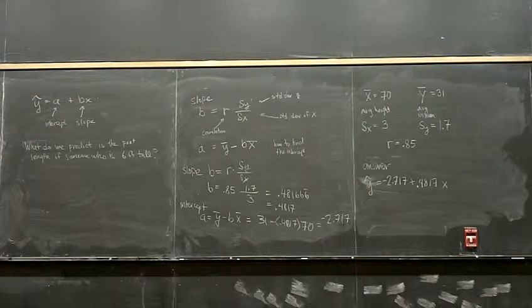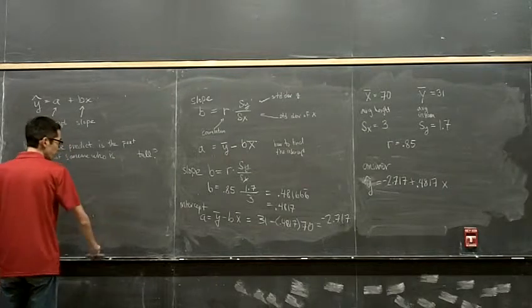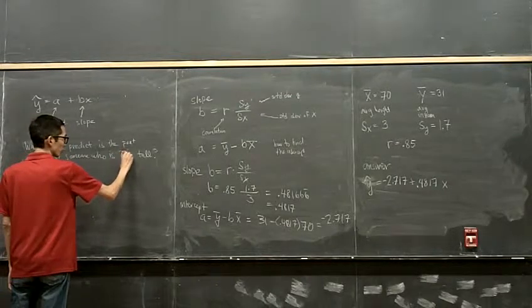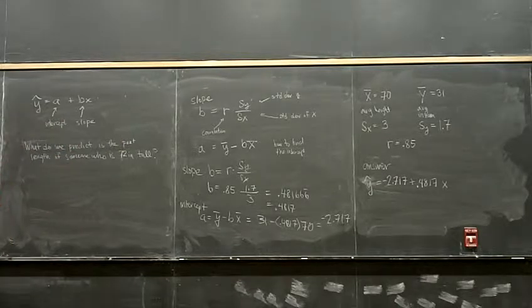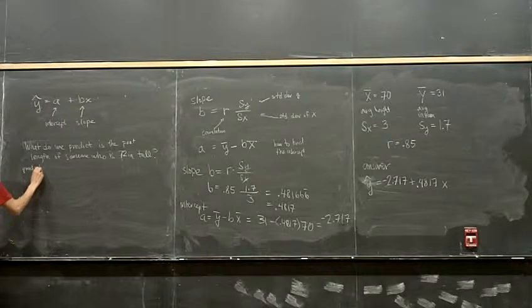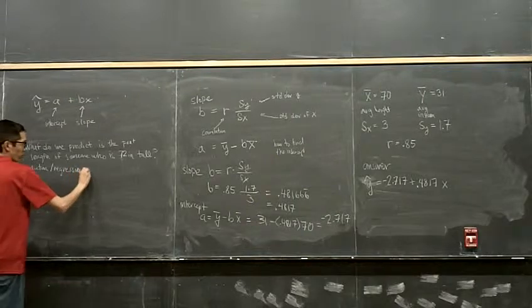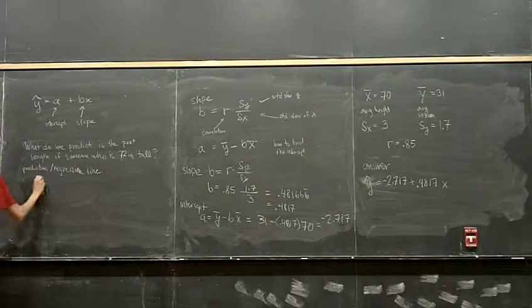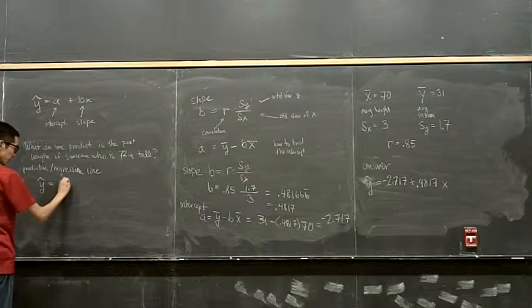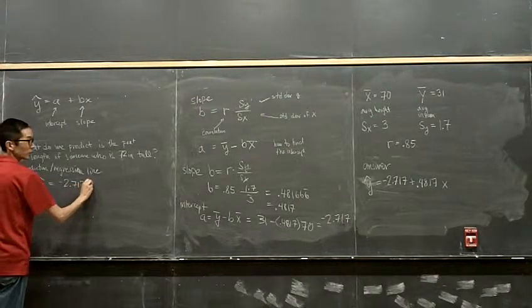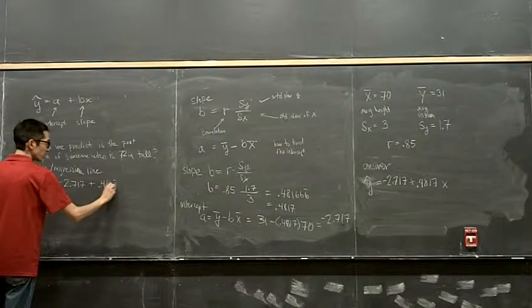Let's just say 6 feet tall is 72 inches. How do we do this? We just plug in. This is our prediction line, our regression line, that says our prediction y hat is equal to negative 2.717 plus 0.4817 x.